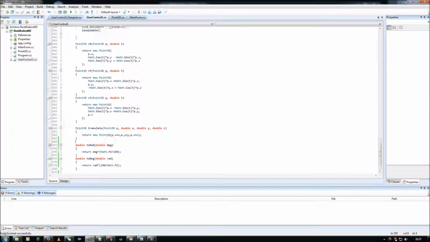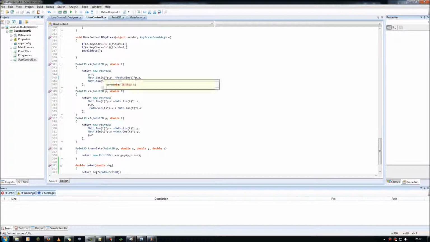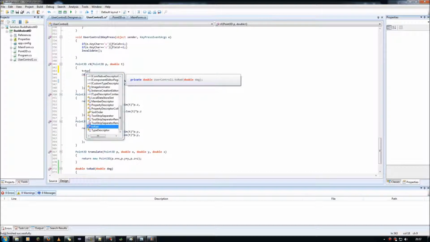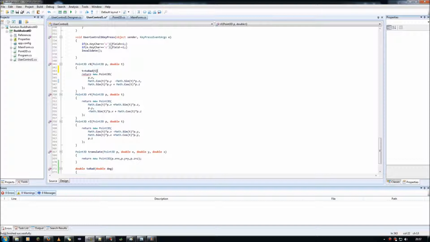So we can go into these rotations, and we can just say t equals rad t.